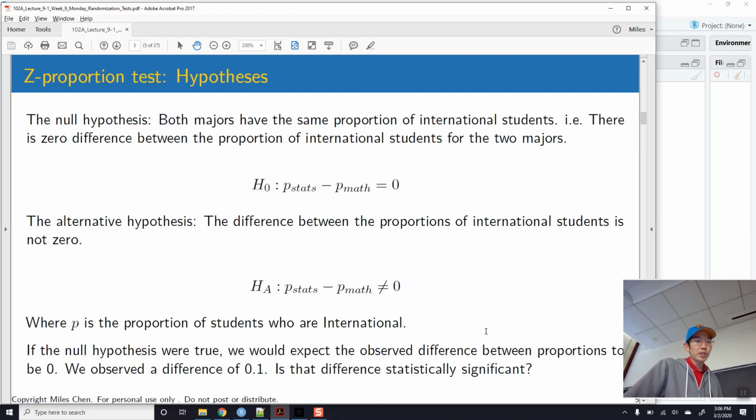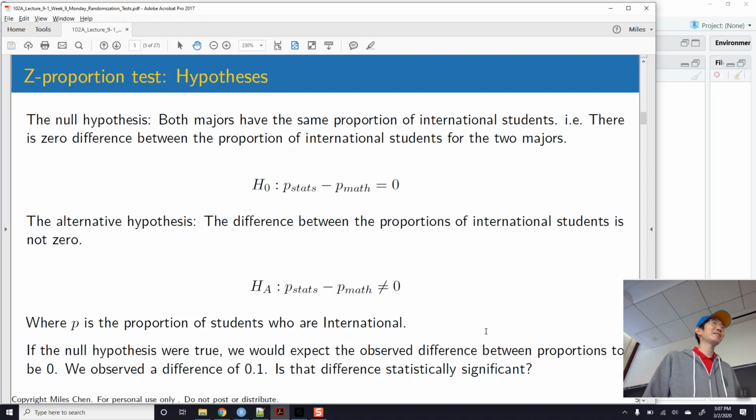So the question is, if the null hypothesis were true, we would expect the difference between proportions to be 0, and what we observed was a difference of 0.1. Is that difference statistically significant? Your gut feeling, what do you think? Yes?